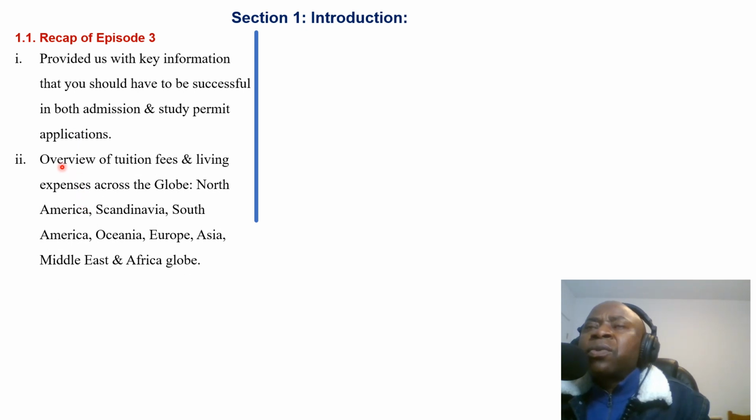Then number 2, we provided our viewers with an overview of the average tuition fees and living expenses across the globe, including North America, Scandinavian countries, South America, Oceania, Europe, Asia, Middle East, and Africa.